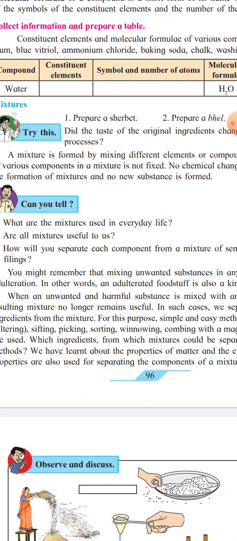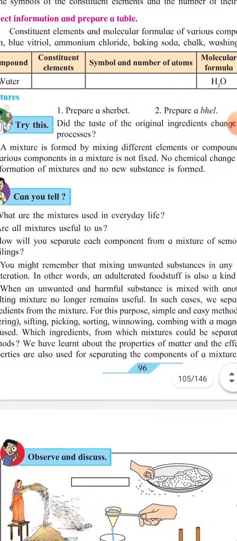Add water to the remaining mixture. All the salt will dissolve, and then filter through filter paper. The sand will settle on the filter paper and the filtrate will be salt water, and salt can be separated by evaporation or distillation. In this way, there are various methods we can use for separating a mixture.